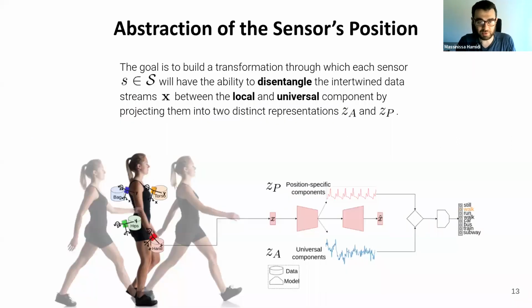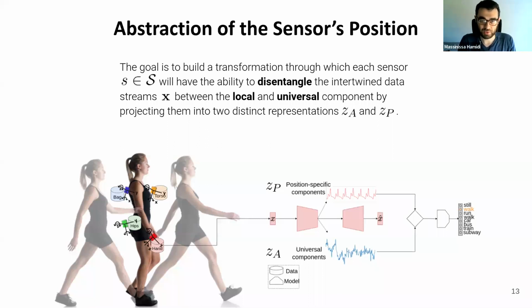As indicated previously, the fundamental idea behind our approach is that there are components of the signal which are specific to the positions, which are not mutualizable, and others, so-called universal components, which on the contrary can be fused together.